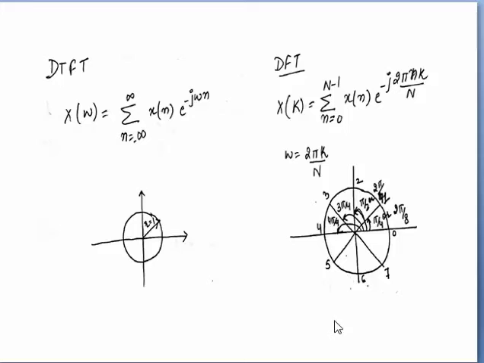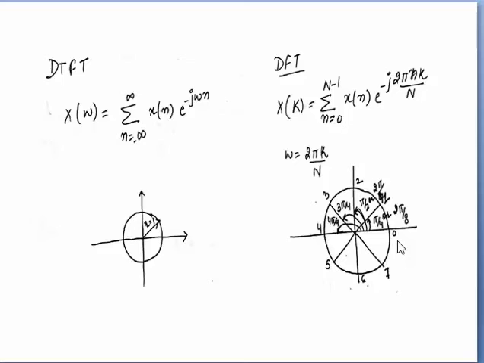That means we just sample or discretize the frequency domain, then I am going to get DFT, that is discrete Fourier transform. So in DTFT, discrete time Fourier transform, frequency domain is continuous, that is 0 to 2 pi. Here we move on a circle continuously, but in DFT the frequency domain is discrete.